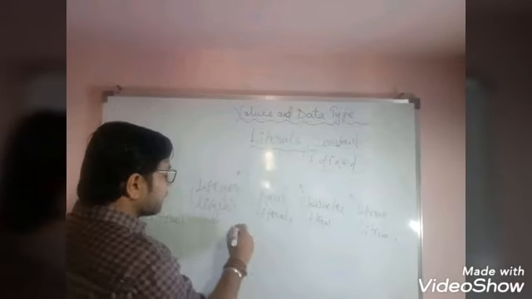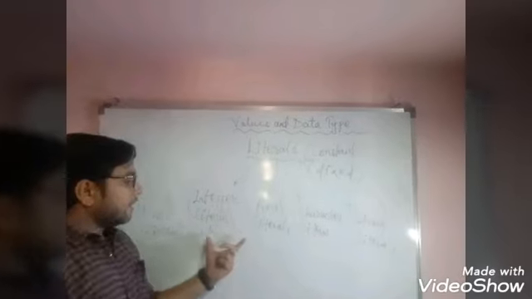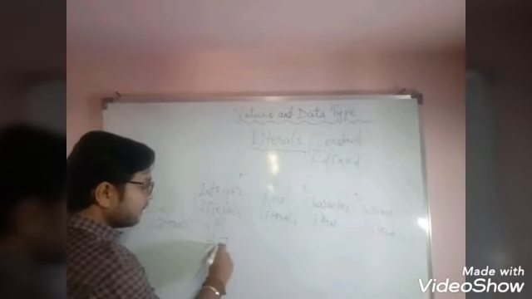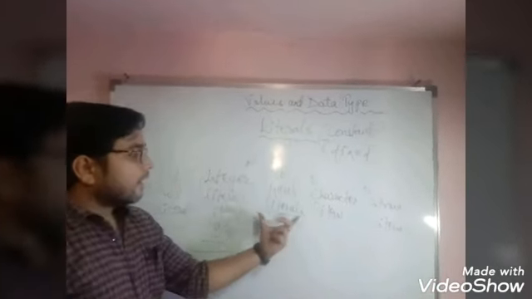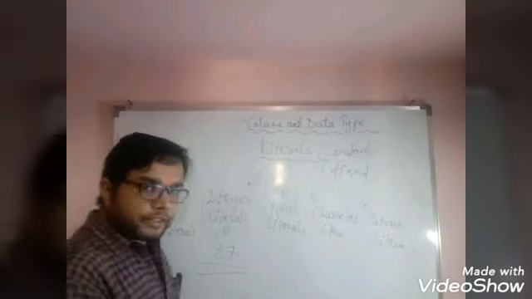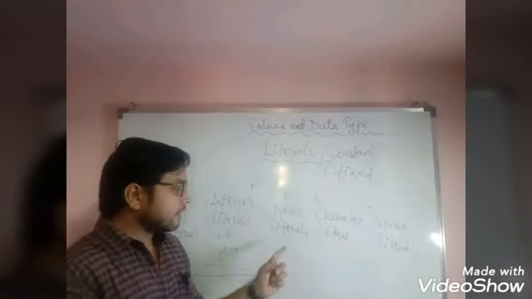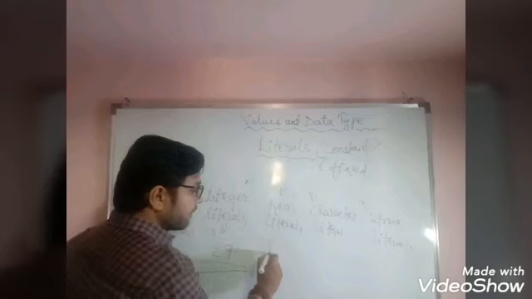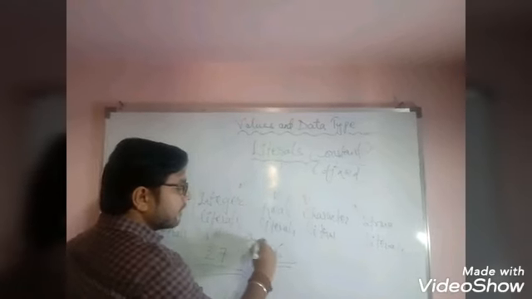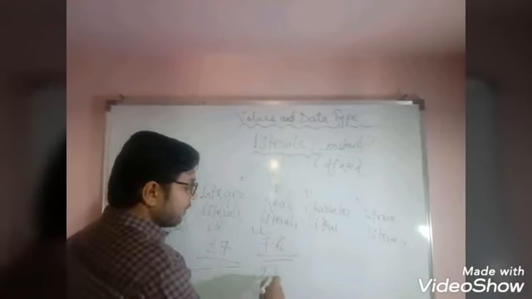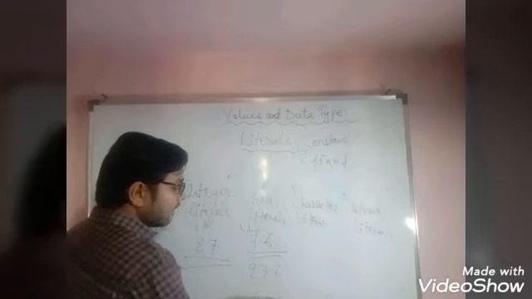Next is real literals. We have already learned that integer literals are numbers without a decimal point, and real literals are numbers with a decimal point. For example, 7.6 is a real literal. If we are writing 27.6 in this, then it is correct.